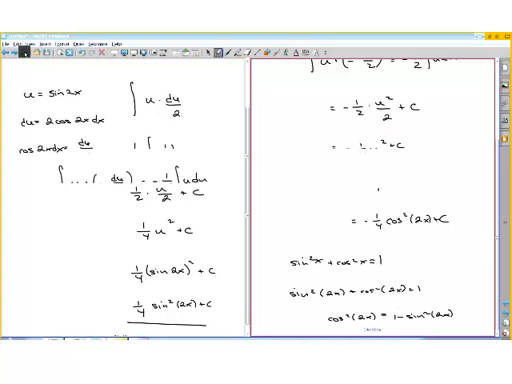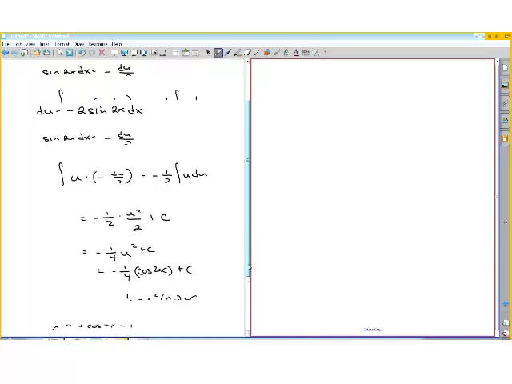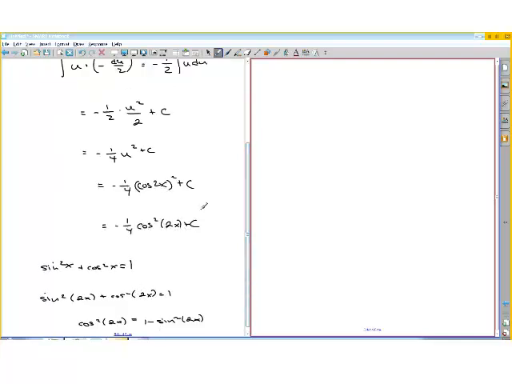Let me add a page. If I make that substitution here, I'll get negative 1/4 times 1 minus sine squared of 2x plus c.